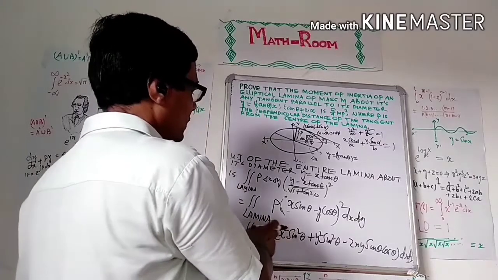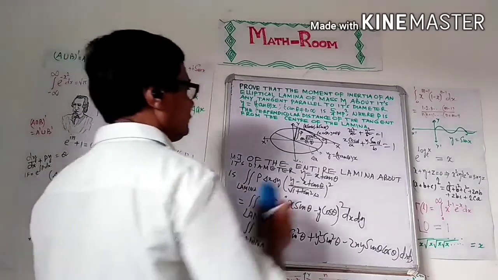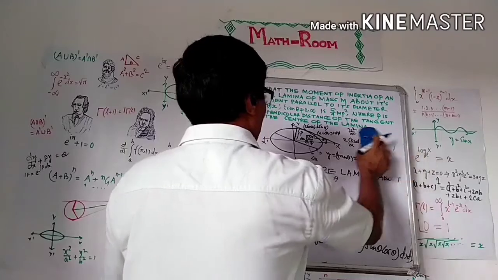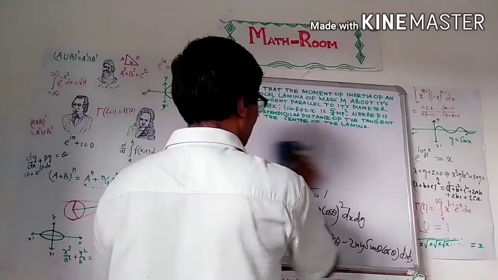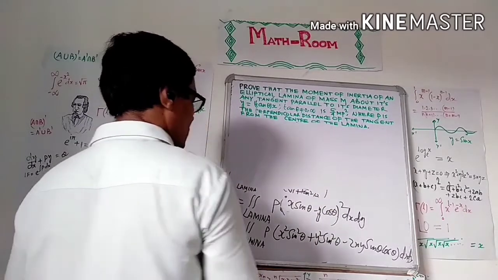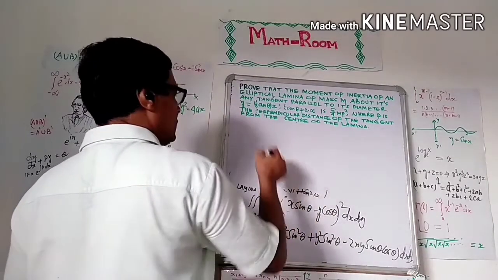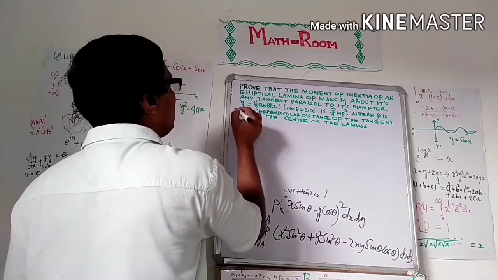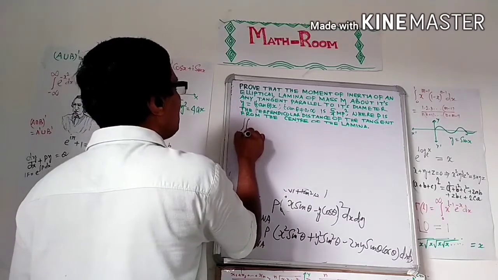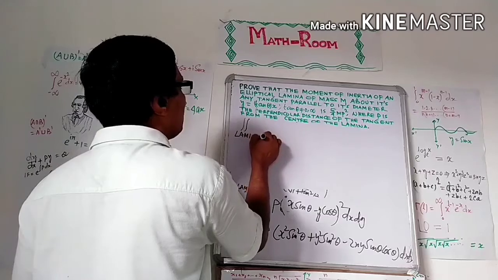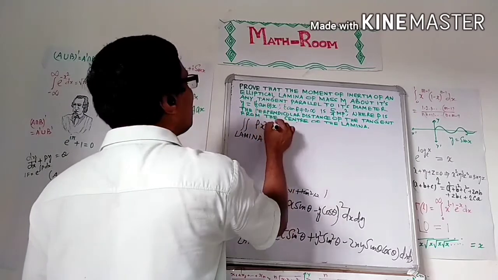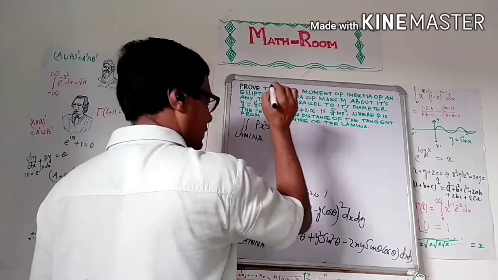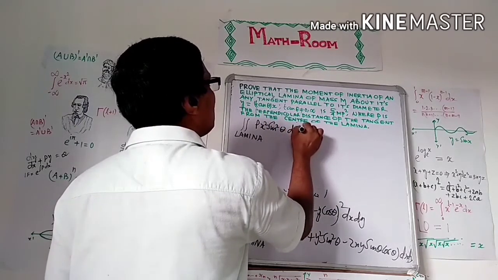at first we find the integration, the double integration over the lamina of rho x square sin square theta dx dy.